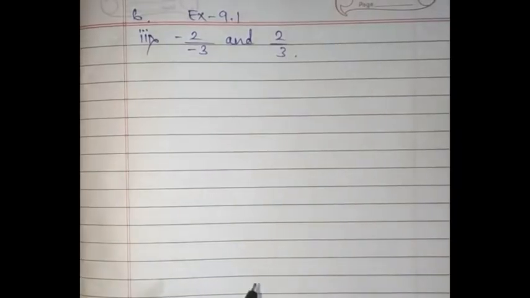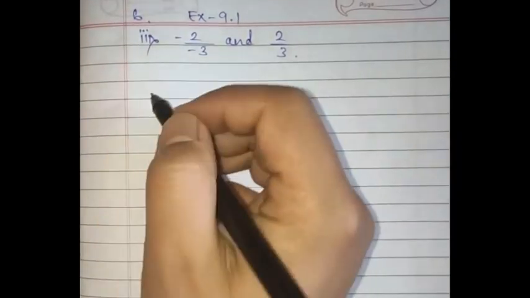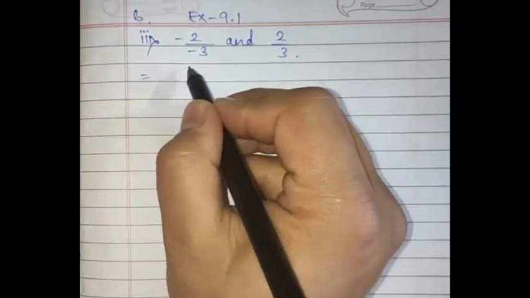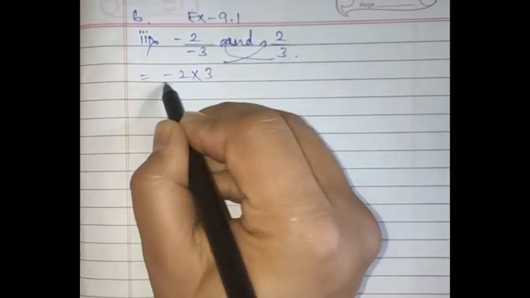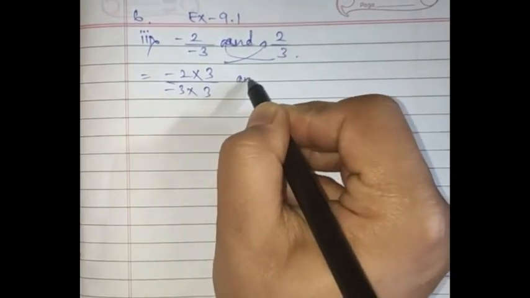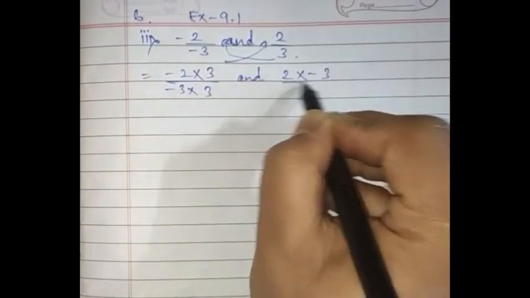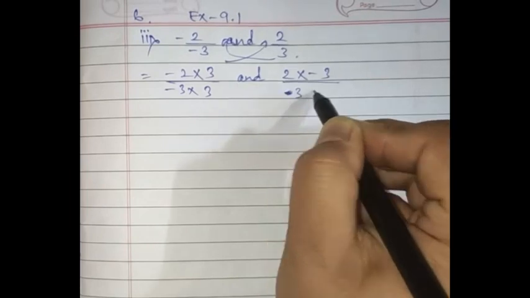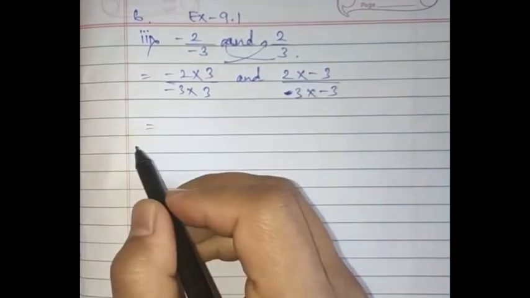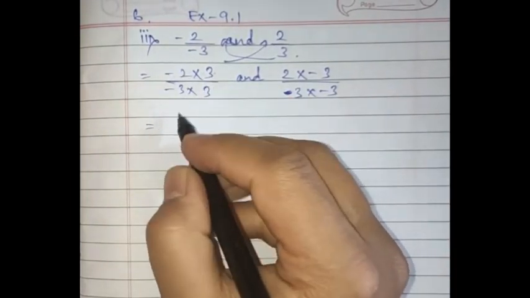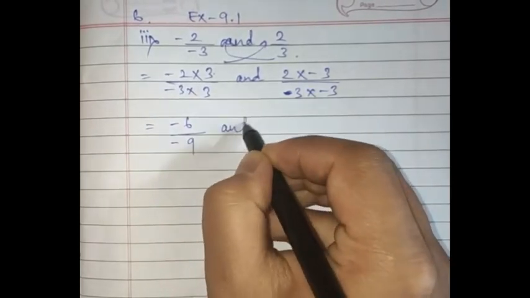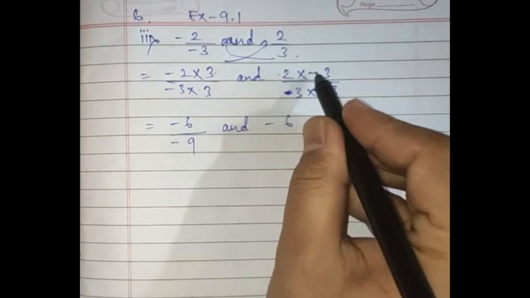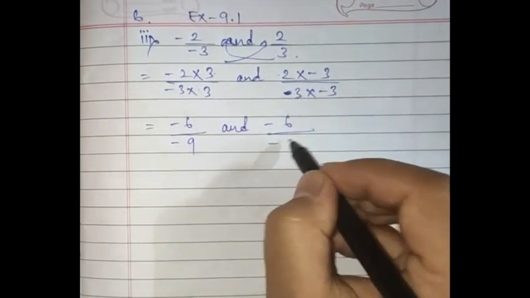Okay, let us solve the next question, question number 3. So the process you have to apply is to cross multiply: 2 by minus 3 into 3, and 2 into minus 3 by minus 3, 3 into minus 3. So minus into plus is minus 6, minus into plus is minus 9, and minus 6, because plus into minus, minus 3 is 9.